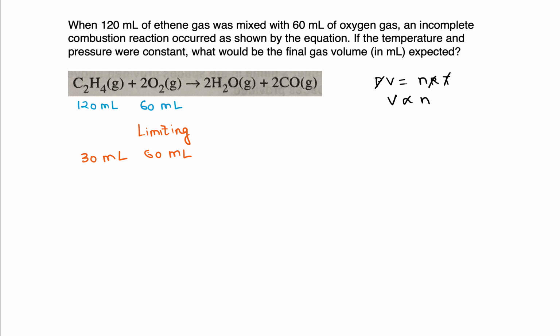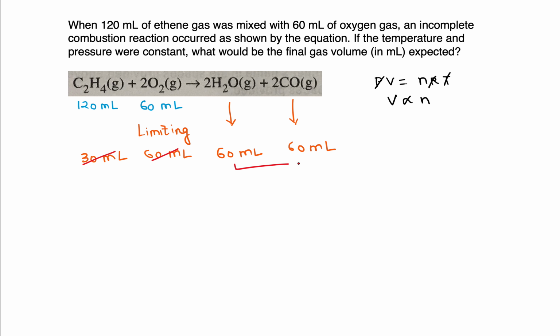Now, if 60 ml of oxygen reacts with 30 ml of ethene, then if you look at the 1 to 2 ratio, this will also be 60 ml, same ratio, and this will also be 60 ml. Which means obviously this has reacted, so it's gone.